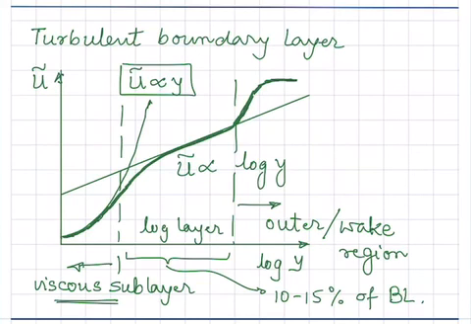The viscous sublayer is actually maybe 1 or 2%, very, very small. And the rest of it is the outer layer, which looks like a small region, but it covers a much bigger part in the physical range. Okay, so with this I will stop here and pick it up.